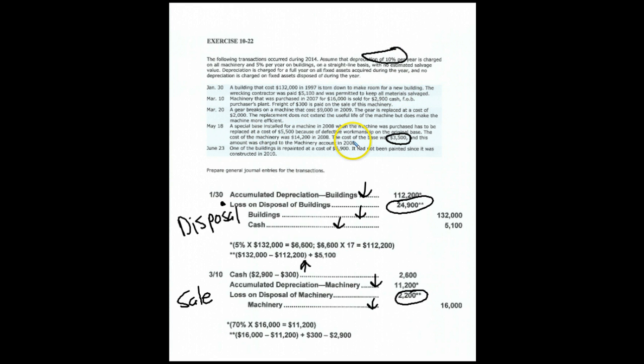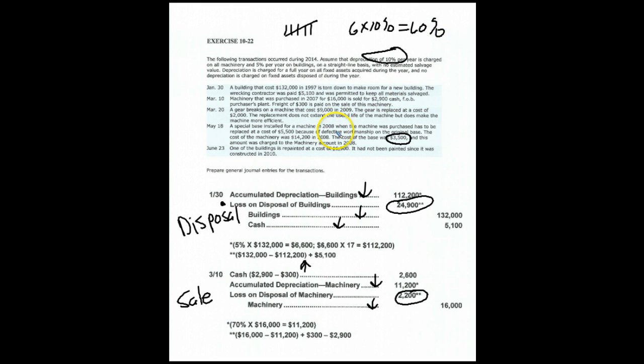Six years have gone by, right? 2008, so 2008, 9, 10, 11, 12, and 13. So six years have gone by for depreciation. So 6 times 10%, we're going to get 60%.